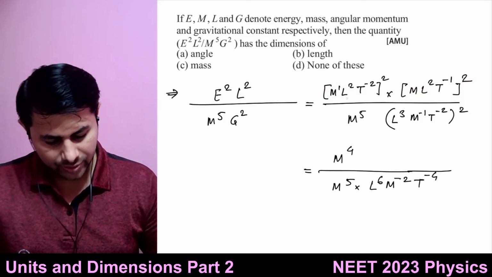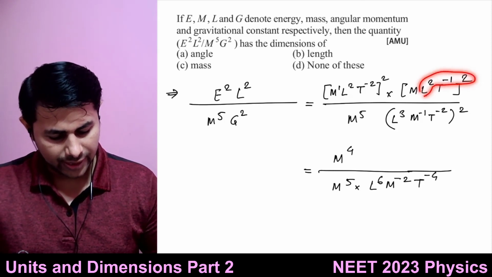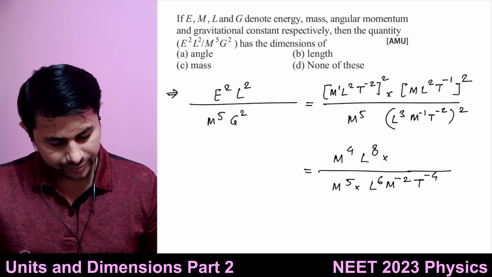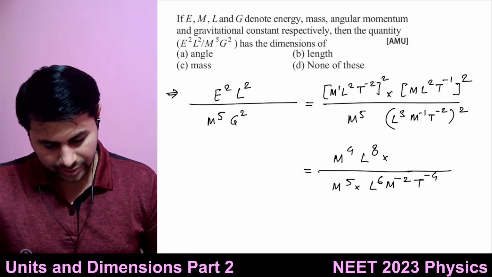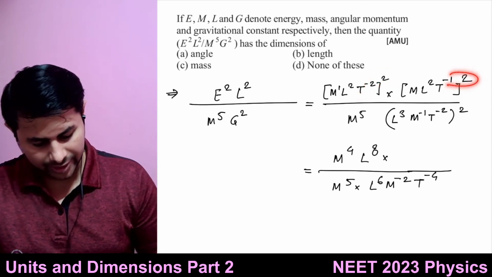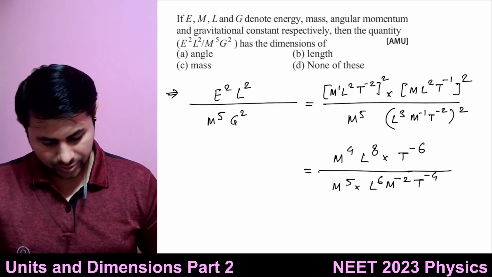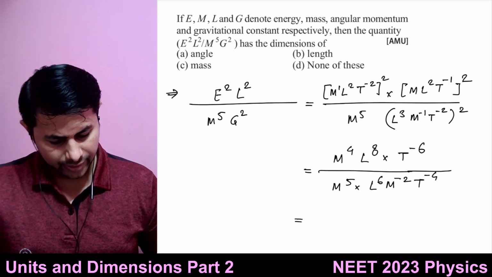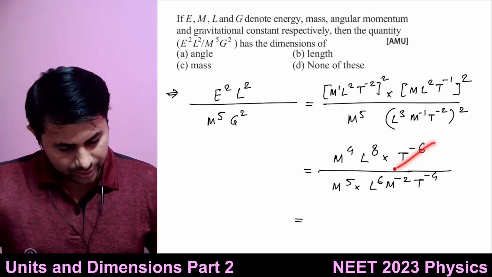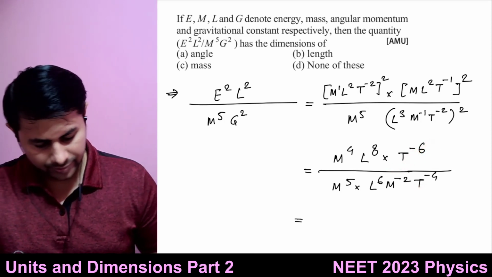Then we have L raised to 2 square, it is L raised to 4, and from here it is L raised to 4. So L raised to 8 we have multiplied by T raised to minus 2 square, minus 4, and t raised to minus 6. Okay. So t raised to minus 6 divided by minus 4. It is minus 2.